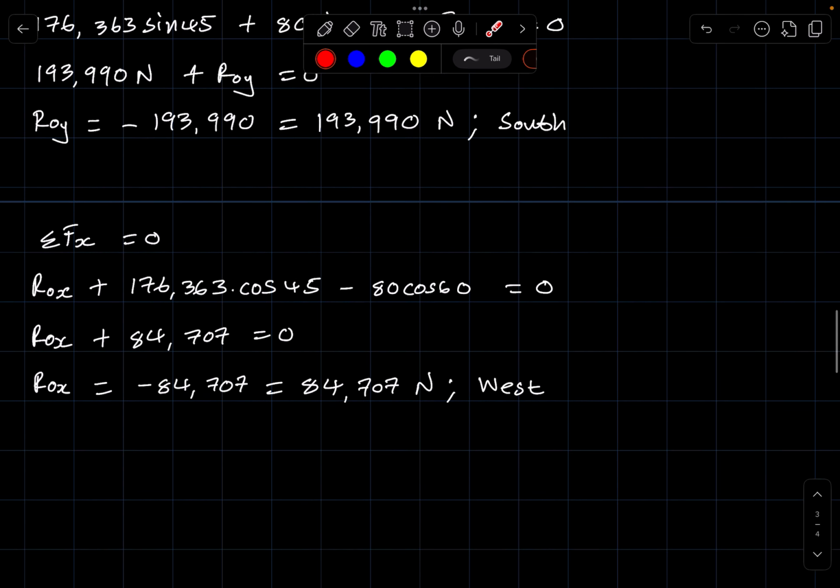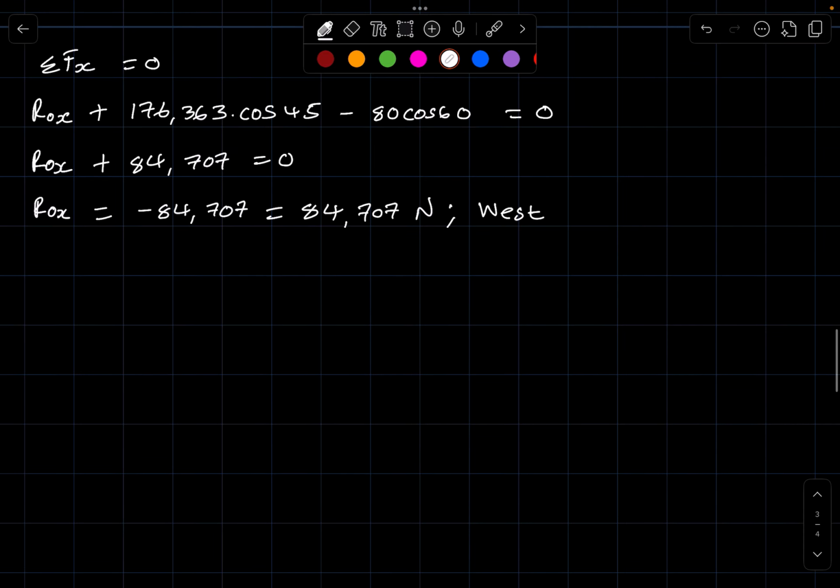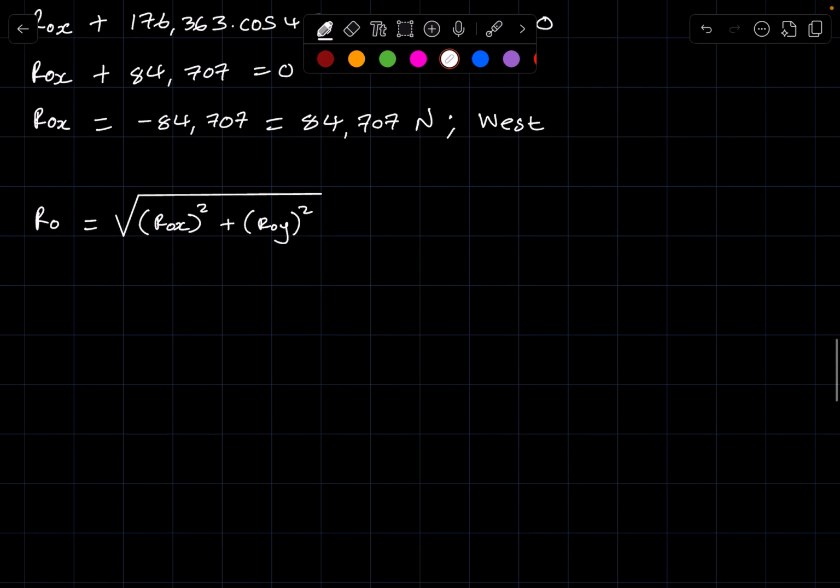And then to calculate your reaction force, you now use Pythagoras. So your reaction force will be equal to the square root of RO in the X direction squared plus RO in the Y direction squared. Now you substitute.